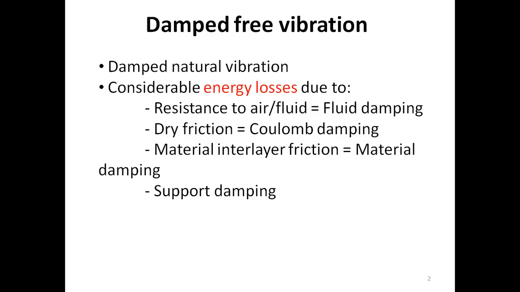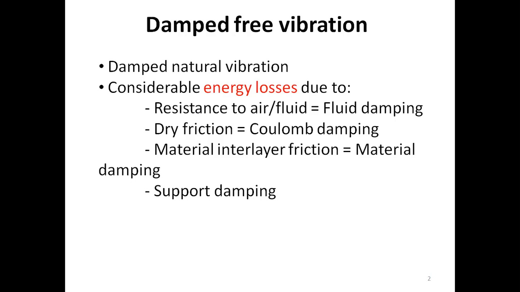And we know that energy can neither be created nor destroyed. That energy would be coming from somewhere, and in this case, that energy is coming from the vibratory system. So the energy would be taken out from the system, so we have to model it as damping. And in this case, we classify that as Coulomb damping.